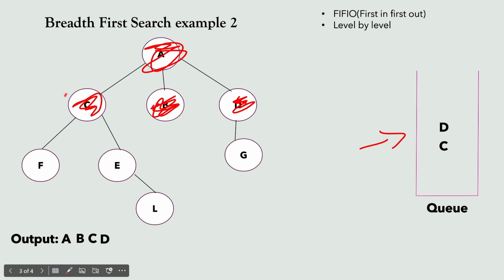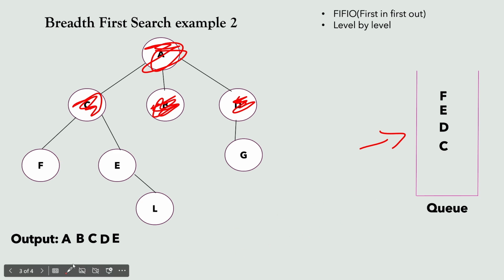So in C, we have two nodes, E and F, and E comes before F in the alphabet. So we put E here in the queue, and we go back to C and see that we have F also, so we put F here in the queue. Okay, now guys, we finish with C. There is no other node. We mark this as visited and this as visited.